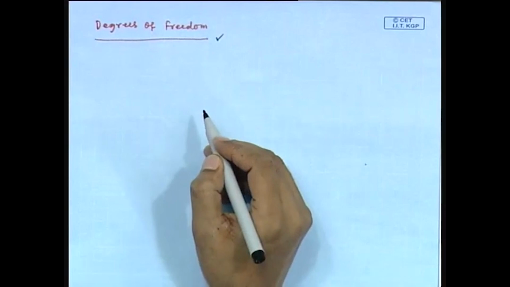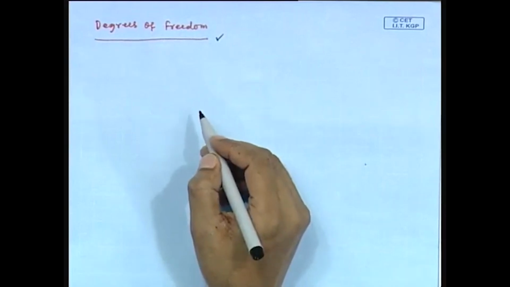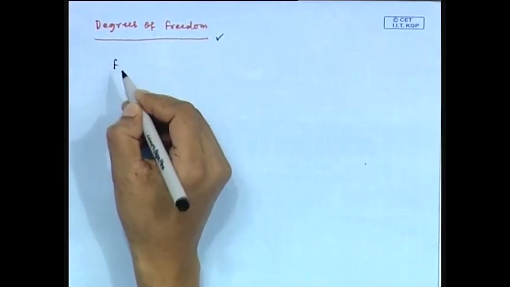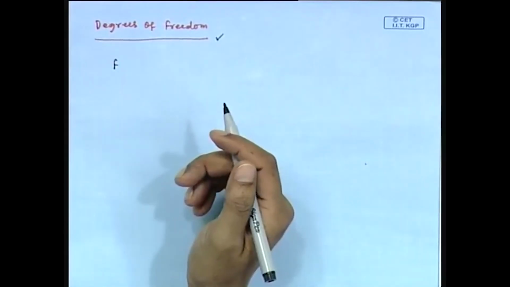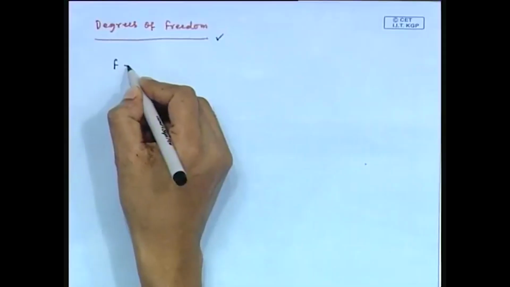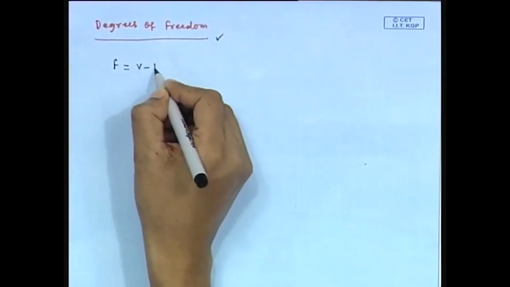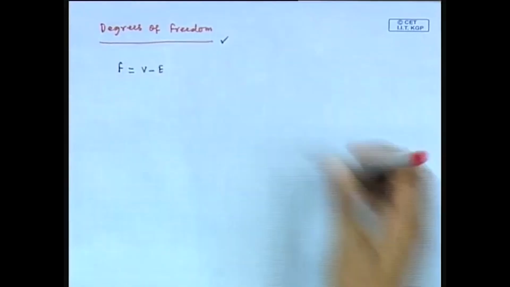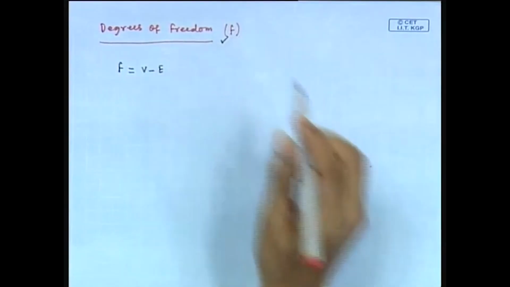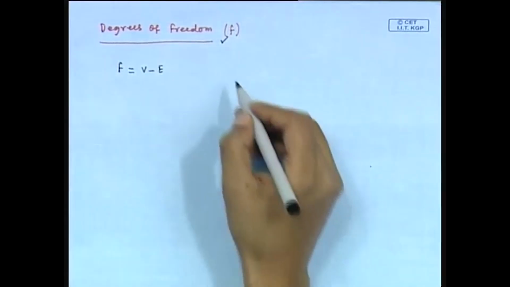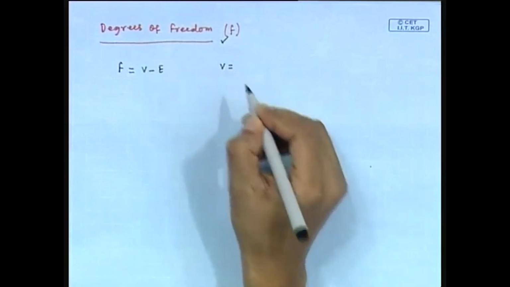The solution of a model structure is basically called simulation. Now, for the simulation of modeling equations, we need to describe the degrees of freedom. Degrees of freedom, which we represent by F, then F equals V minus E.